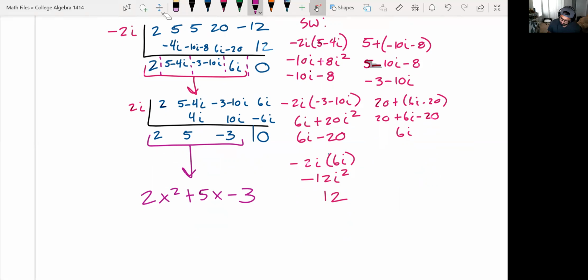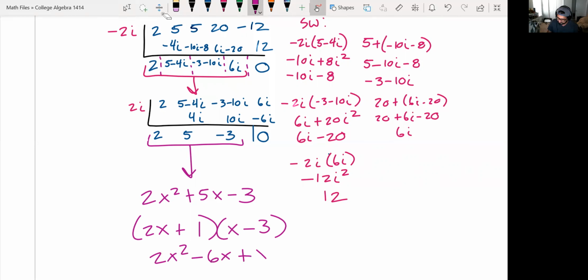Should. If it doesn't, I'm sorry for picking a hard problem for you. Okay, so this should factor to 2x, I think, plus a number, and x minus a number. And the only factors we're looking for are 3. So I think 3 should go here, and 1 here. But if I FOIL this, I get 2x squared minus 6x plus x, which will give me negative 5x.